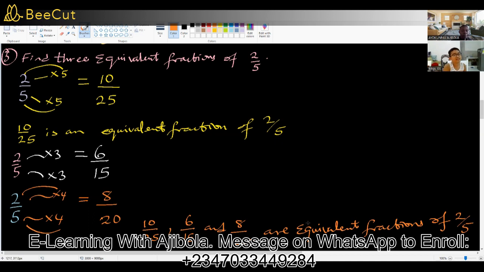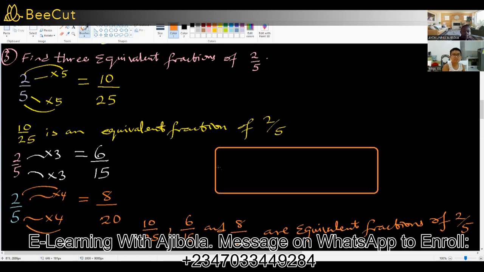So we can conclude and say that 2 over 5 is equal to 10 over 25, and it is equal to 6 over 15. It's also equal to 8 out of 20. How is it equal? 2 times 5, 10. 5 times 5, 25.